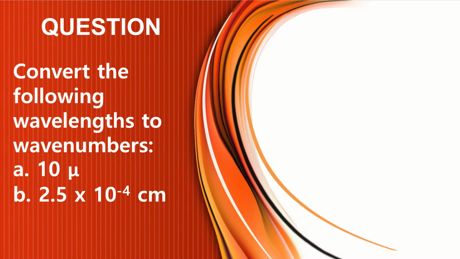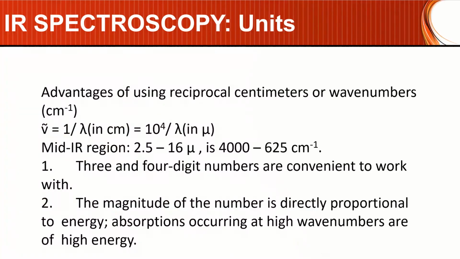So that leads us to our next question. Convert the following wavelengths to wave numbers, right? So we have A, 10 microns, and B, 2.5 times 10 to the minus 4 centimeters. So pause, and if you have to go back to our conversion factors here, then do so.